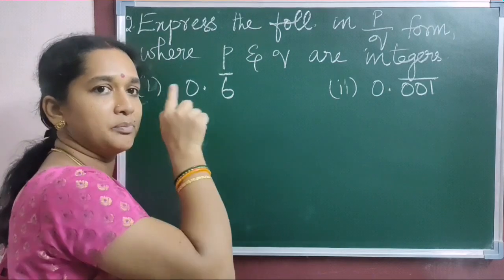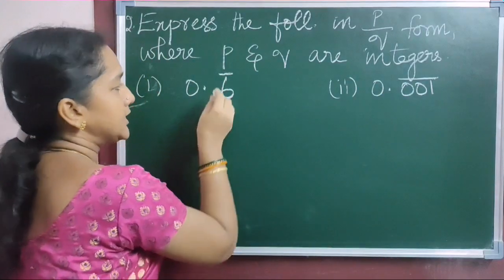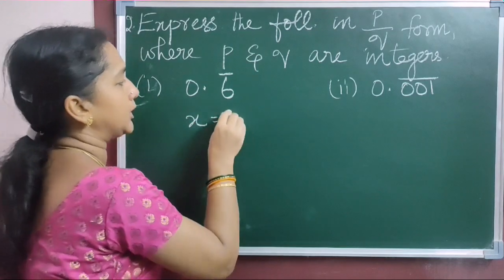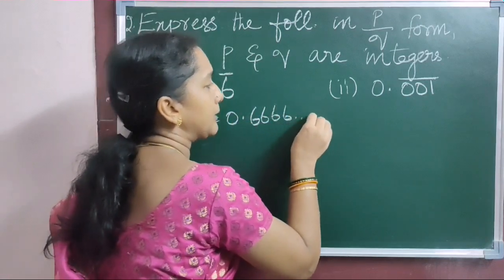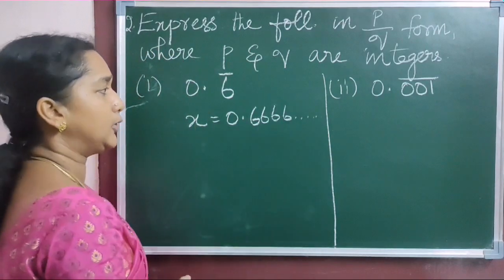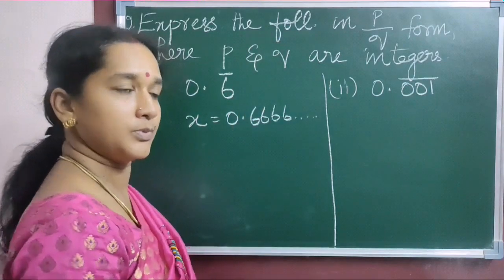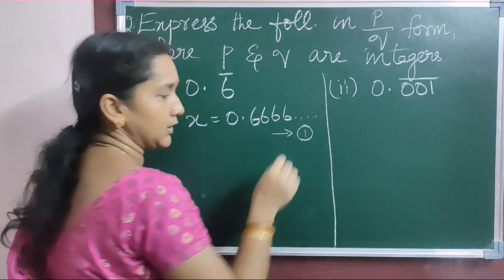As I told you, bar means that particular number will be repeated so many times. So here you take this value as x. x is equal to 0.666, it will be repeated, so you have to keep dots after that. This is your x value. You are asked to make it in p by q form. So for that, you take this as the first equation.